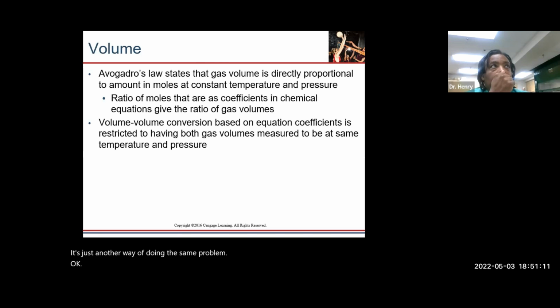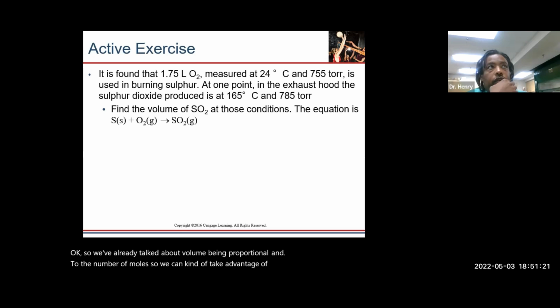Okay, so we've already talked about volume being proportional to the number of moles. So we can take advantage of that for the chemical equation, right? It says here, it was found that 1.75 liters of oxygen measured at 24 degrees Celsius and 755 torr is used in burning sulfur.